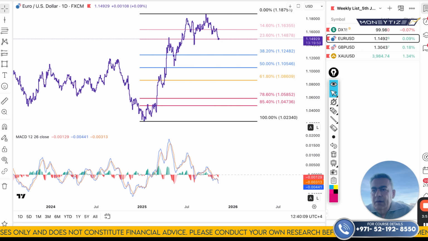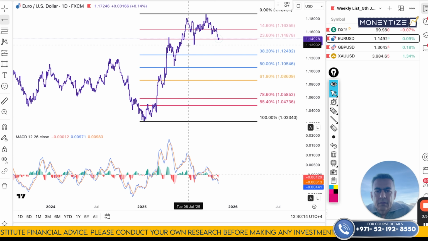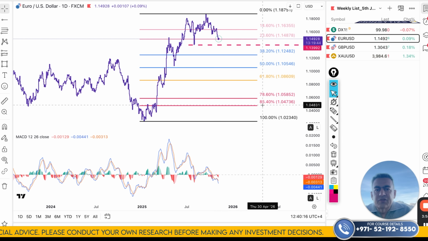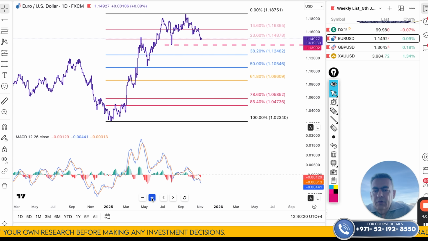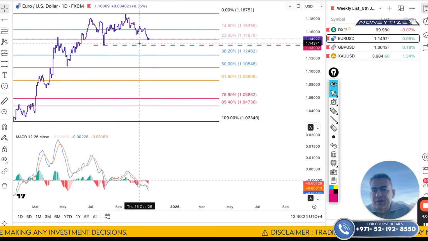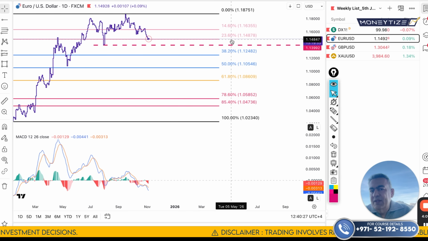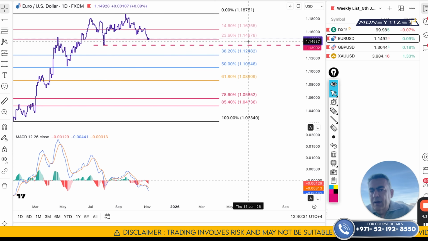They were exhausted. On the basis of divergence, I need to apply the break of structure level here. And yes, the break of structure level is pending. It is not yet done. But currently, Euro USD is trading below fib retracement of 14.6, and it is at fib retracement 23.6. So 1.1487 is the local support here right now.